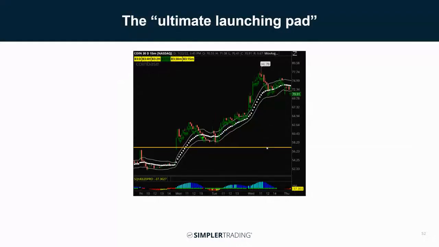So COIN is a good example. That moment in time on the 5-minute chart, the 15, the 30-minute, the yellow line there is the daily 21 EMA. Call it the ultimate launching pad. We're not in an uptrend. I don't have daily buy signals, but I found my moment in time on top of the daily 21.